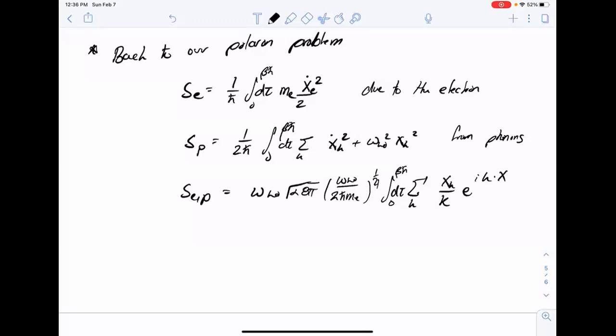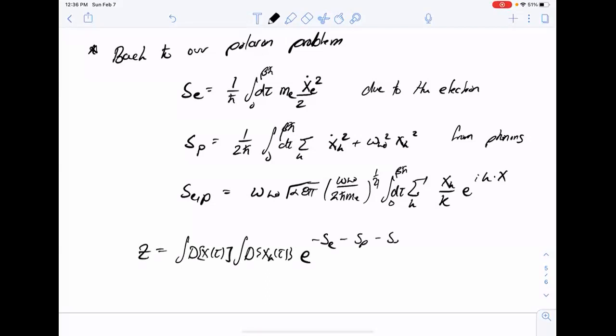So the partition function is an integral over all the paths the electron can take, all of the paths all of the phonons can take, weighted by the electron action, the phonon action, and the coupling.